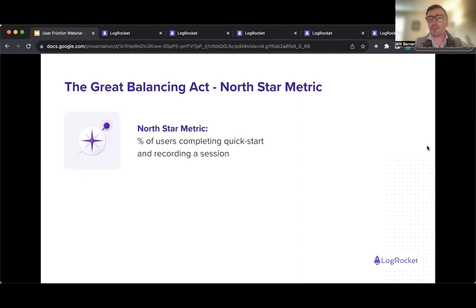There's a lot that goes into that, but at the end of the day, there's a few critical aha moments where users really start to realize the value of the product within that process. And one of those is when the user actually installs the LogRocket SDK and successfully records and views their first session replay.